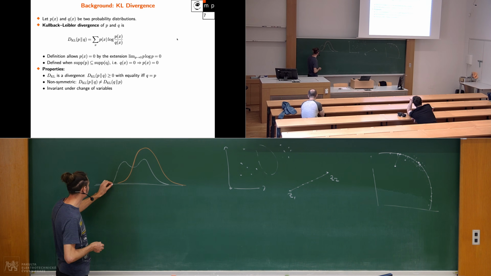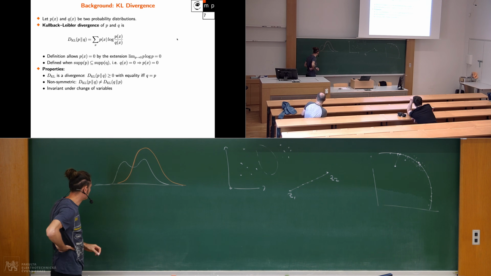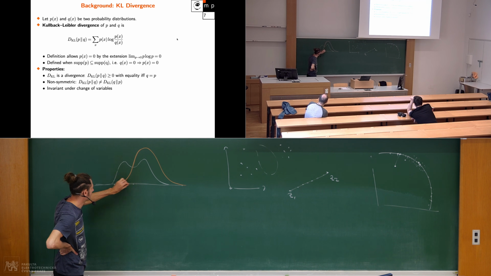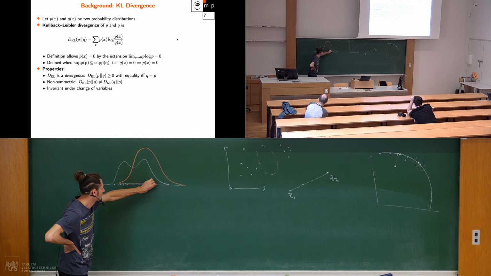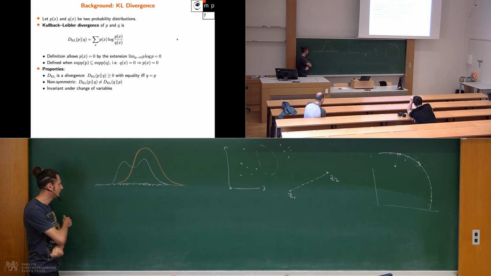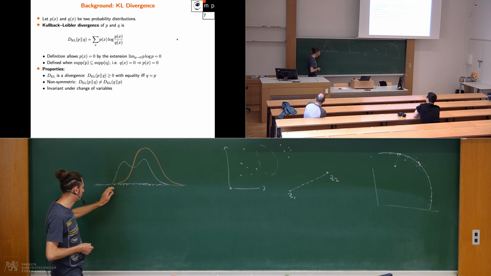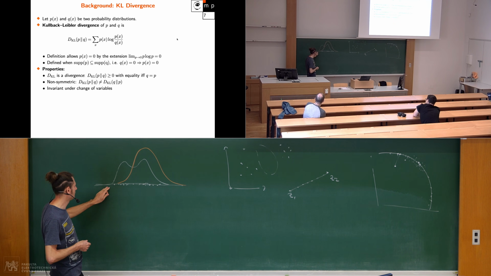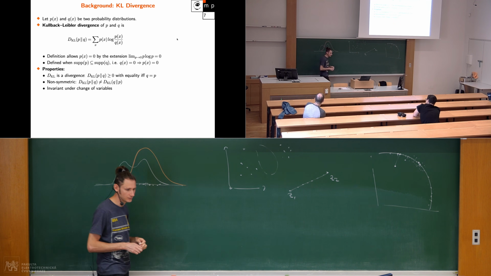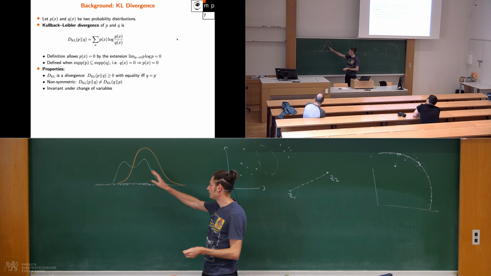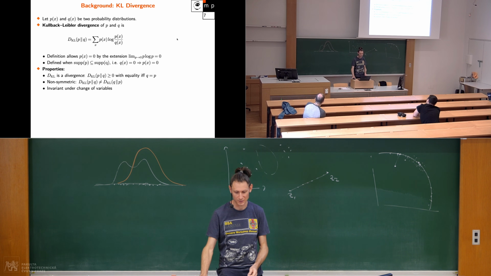In fact, we don't have the data distribution in terms of the density; we will have only some samples from it. But imagine for a moment that we have the density, and then one way to measure the difference between these two distributions is the Kullback-Leibler divergence.